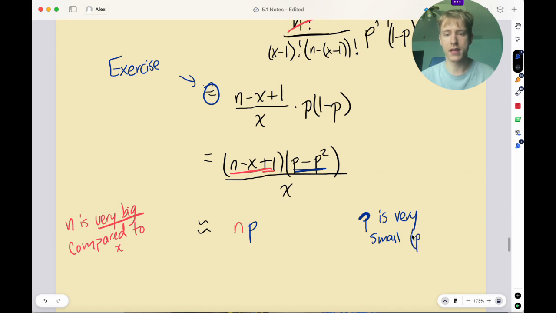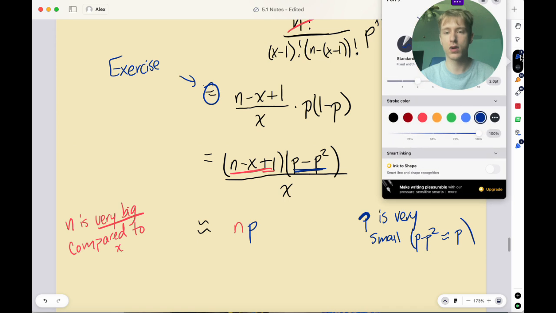Because then if you square p and it's really small, that's approximately just p. Take something like 0.05 and square it, and that's so close to 0 that you can just ignore it. And again, this is all for large n and small p. So for that, we're then going to divide that by x.